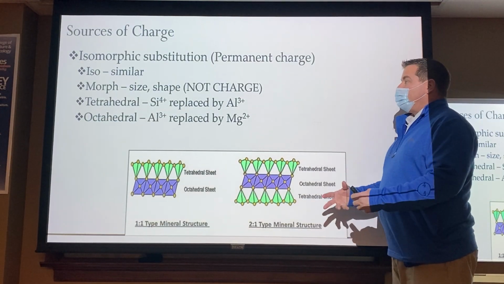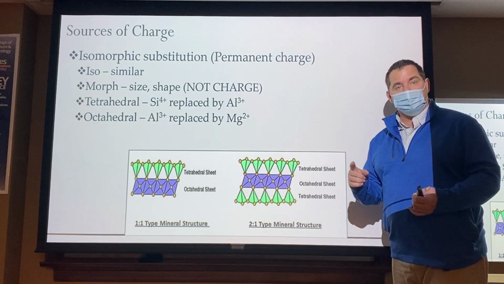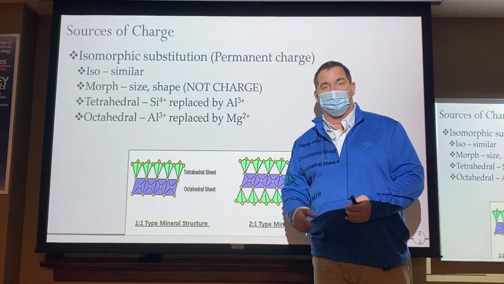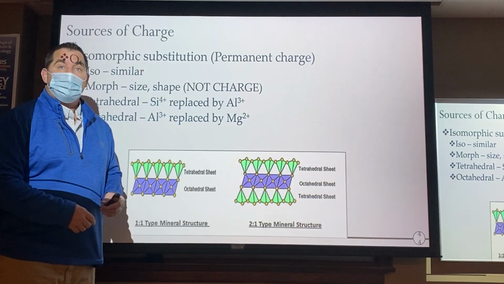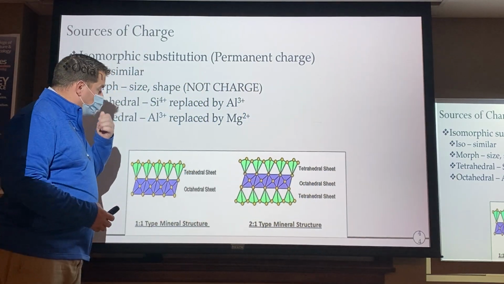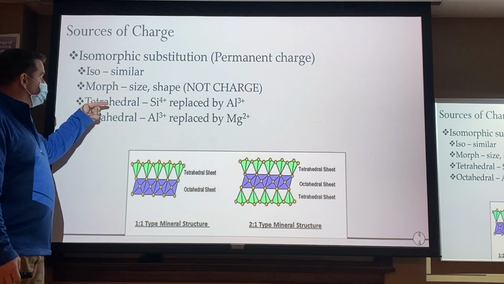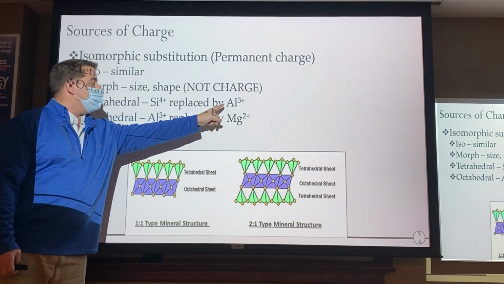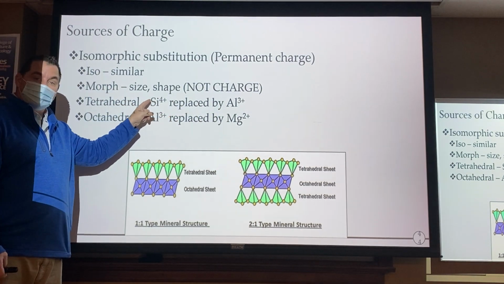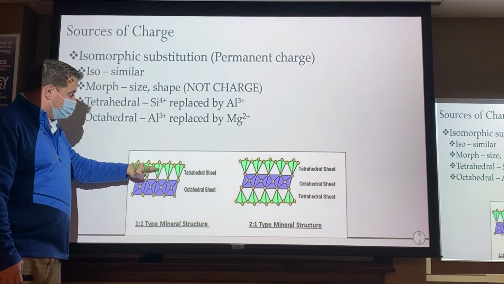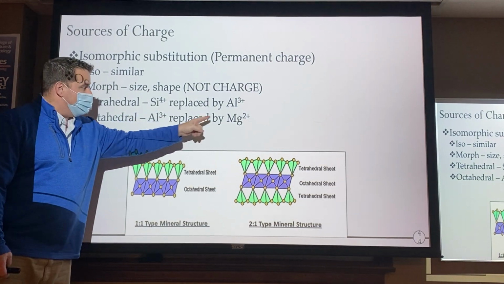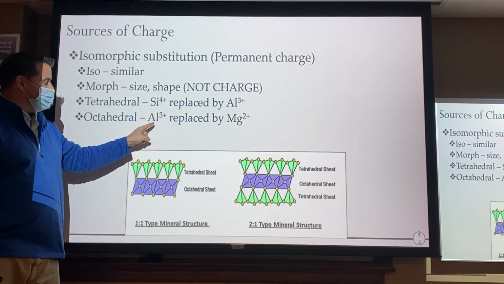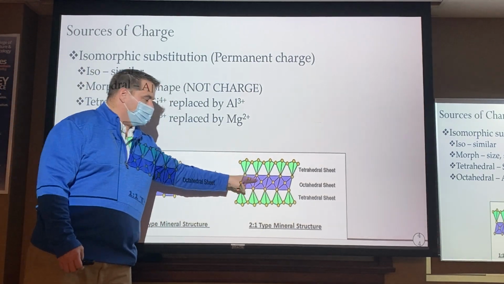So there are two sources of charge, one being isomorphic substitution, where we have this substitution for silica with aluminum replaces silica in the tetrahedral, and then magnesium replaces aluminum in the octahedral.